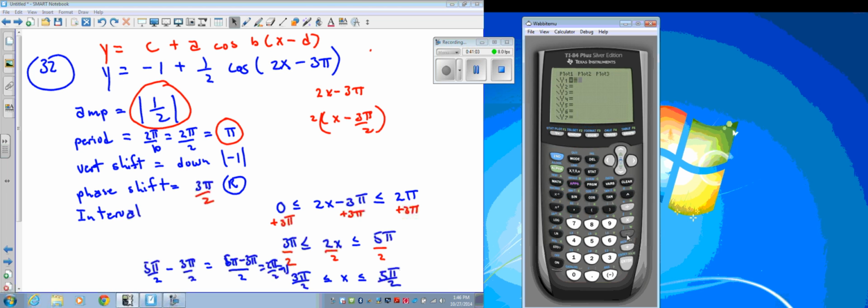If I put this minus sign in, 1, and then go plus 1 divided by 2 cosine, now it's not going to make any difference. I can put it in just exactly the way this is: 2x, I don't have to factor that out, minus 3 pi.